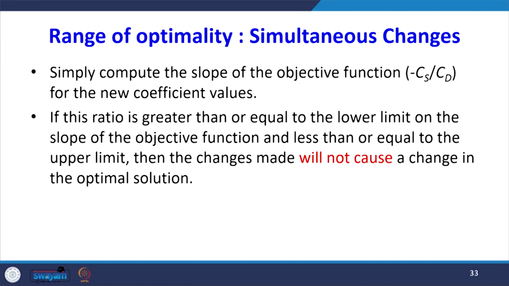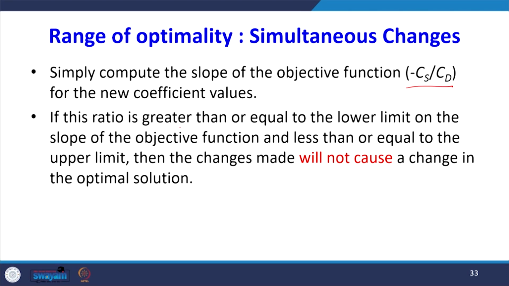Now, there may be another situation, simultaneous changes. What is the meaning of simultaneous changes? Changes in the coefficient of standard bags and the coefficient of deluxe bags together. So, simply compute the slope of the objective function, minus Cs by Cd, for the new coefficient values.